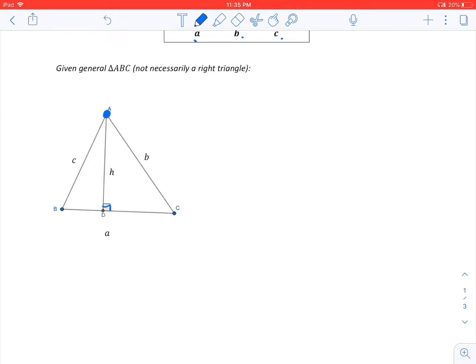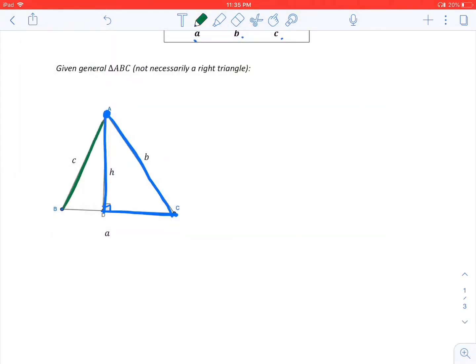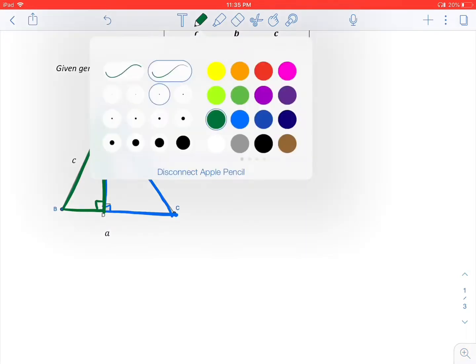If I know that, I can set up two right triangles within this non-right triangle. I'll outline one of them in blue and the other in green, just so you see those right triangles. Keep in mind that those are triangles that have been developed from this one non-right triangle.